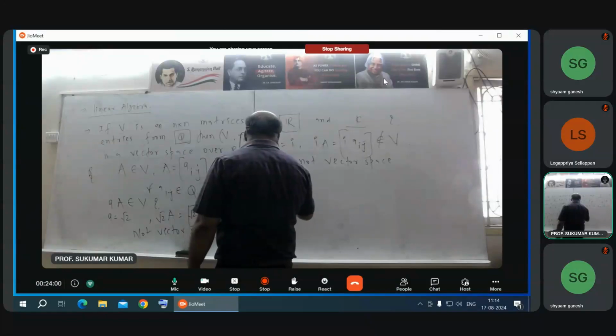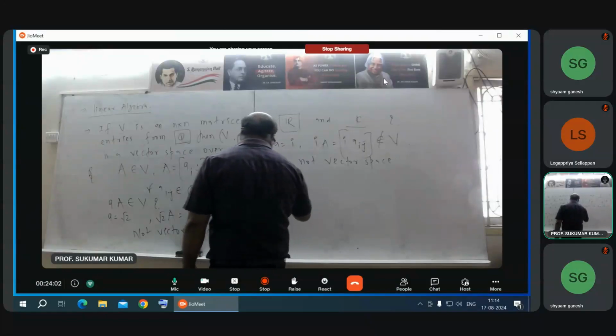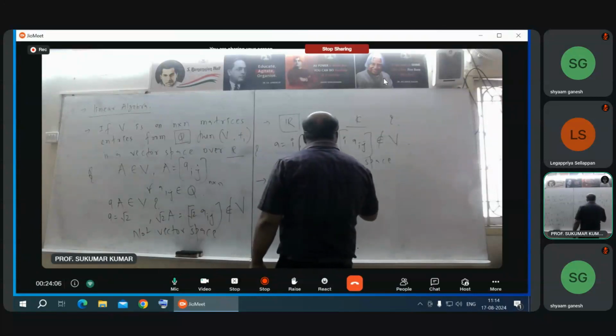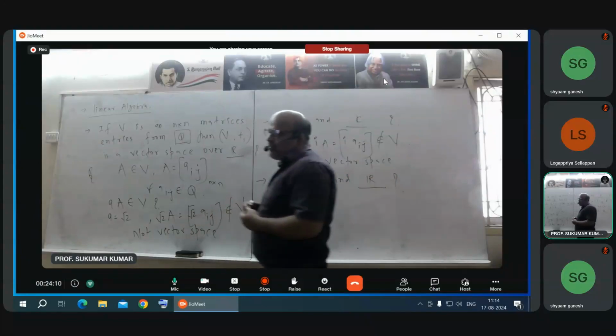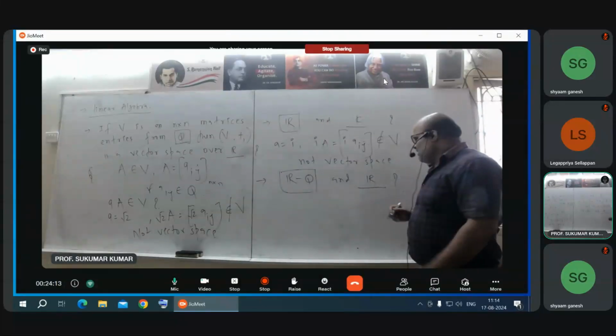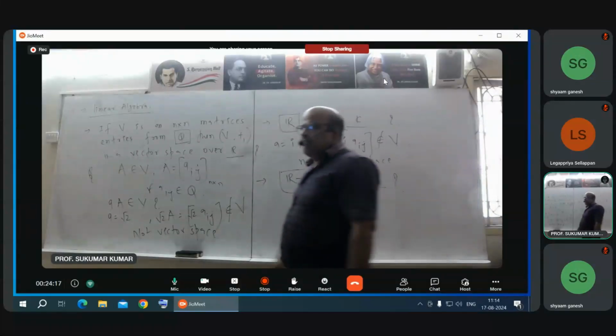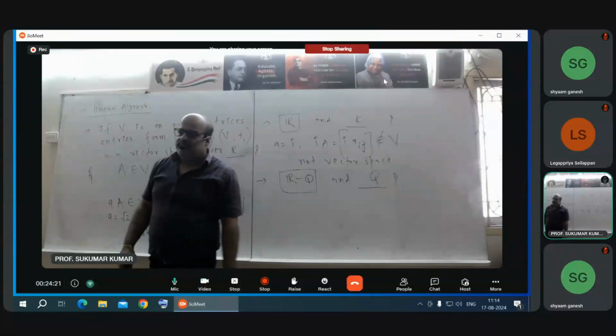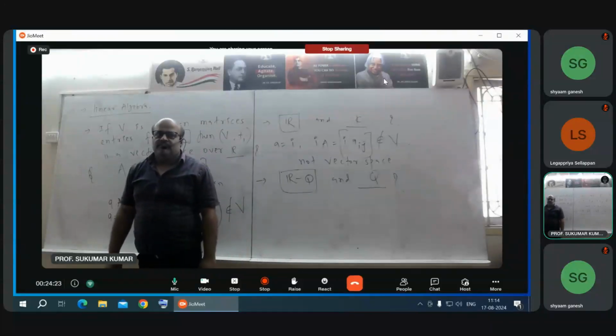Suppose entries are from irrational and over the field R, is this a vector space? Don't choose R, over the field Q. Vector space? No. Not a vector space.